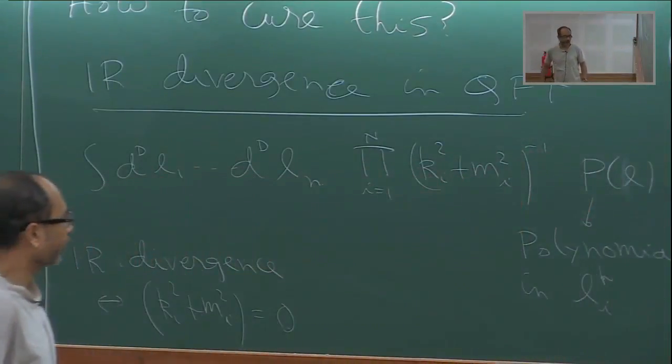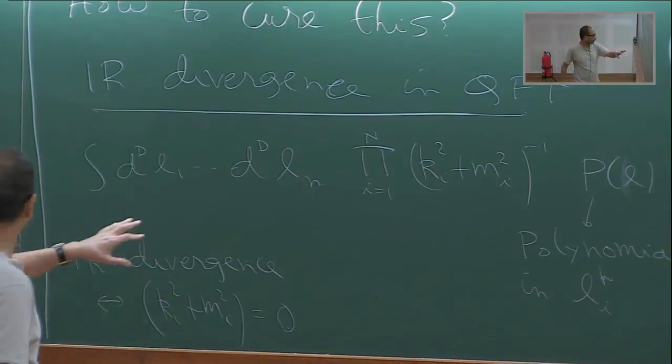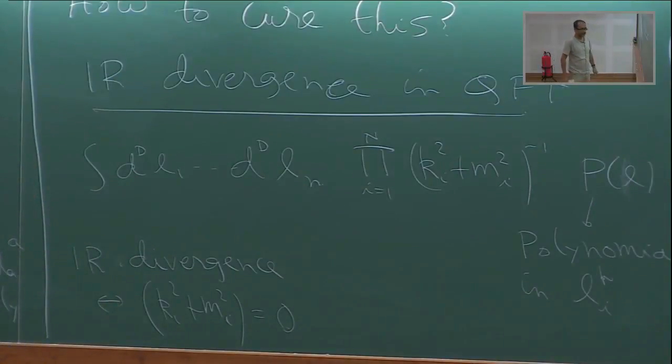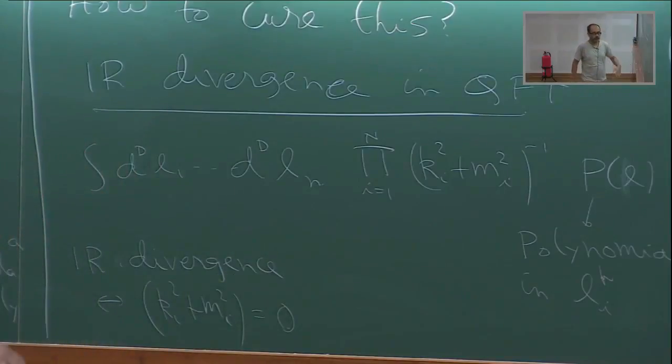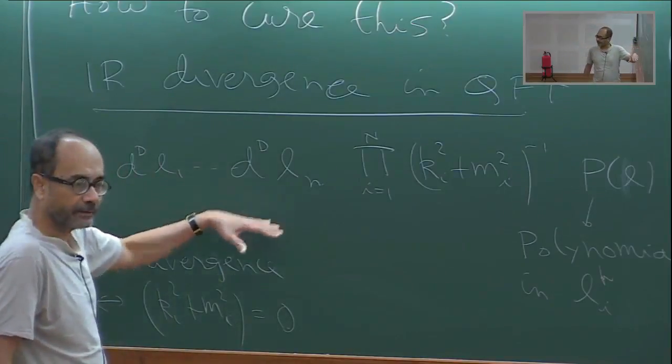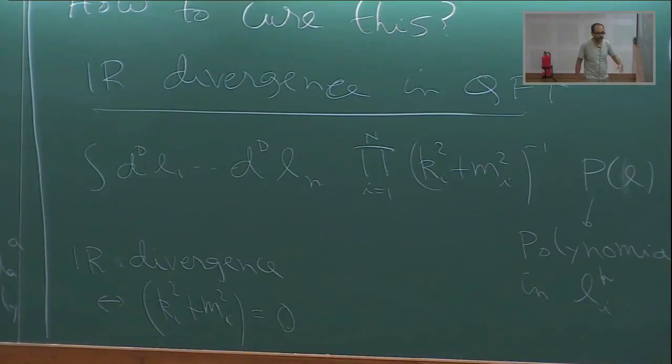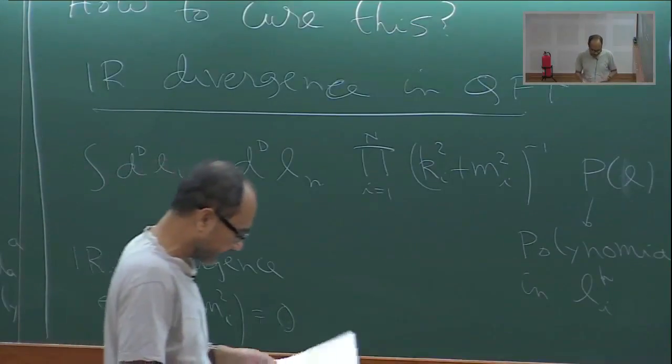Now, when we try to compare this with the corresponding string theory result, in the string theory expression we don't see explicitly these momentum space integrals. So, in order to translate this to a language where we can compare with string theory answers, we have to use what is called the Schwinger parameter representation.